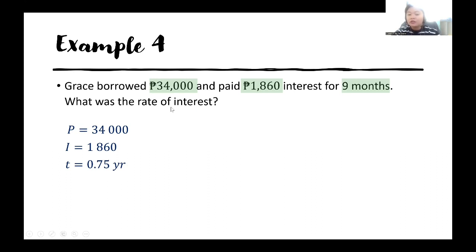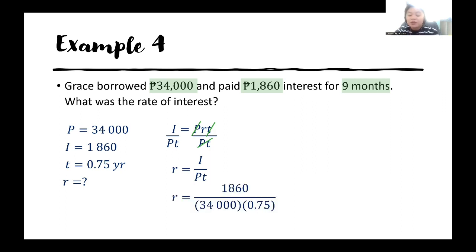So, what was the rate of interest? This time, we need to find R. We'll use the formula where I equals PRT. Divide both sides by P and T so that P and T cancel. That would mean R is equal to I over PT.